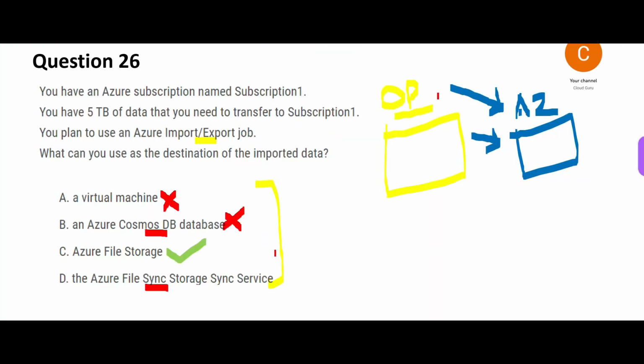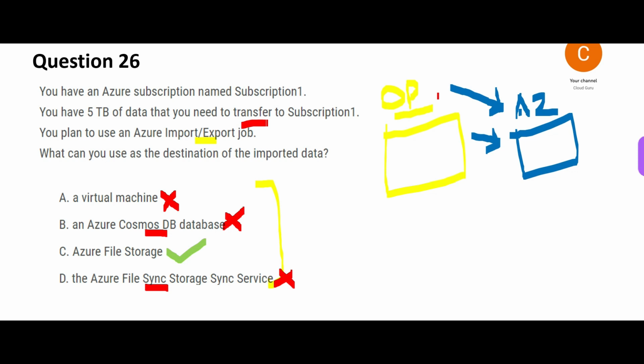See, file sync will not help you with moving your data from on-premises. Now you will say, hey, I have my on-premises. No, file sync means your data will be in the on-premises file share also, and your data may be in Azure Files also. So both you can see in one view. In order to transfer the data, see, this is transferring the data. File sync and transfer are different.